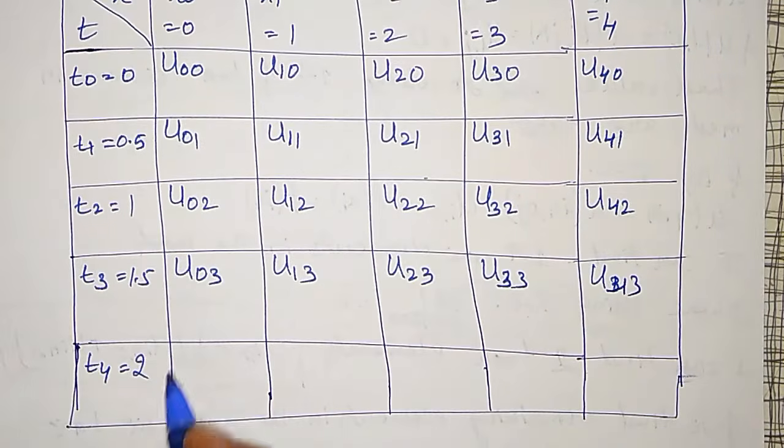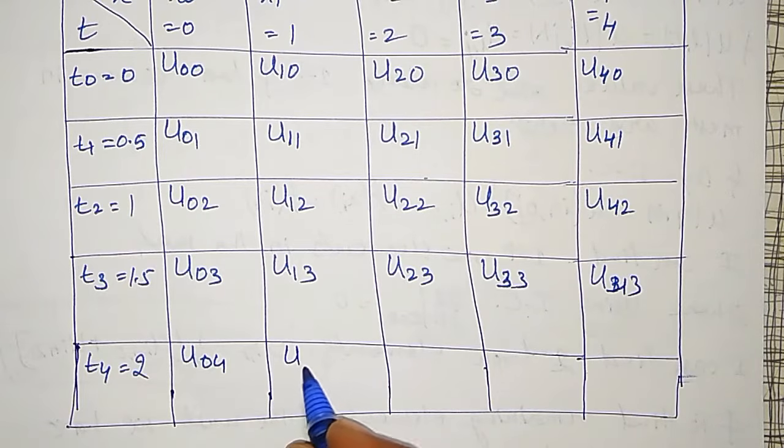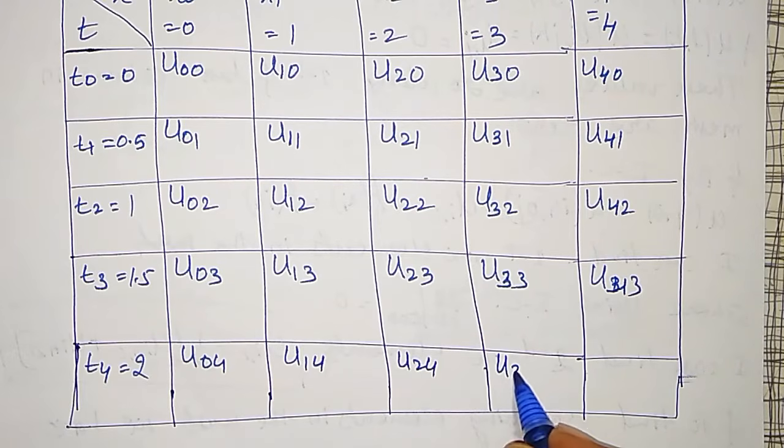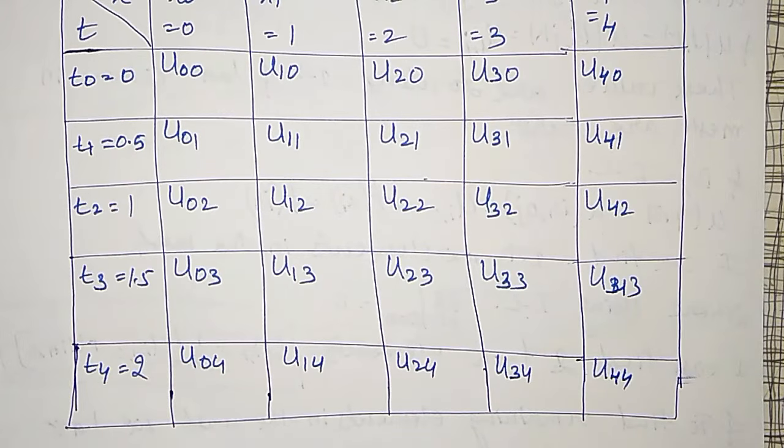Like that, last one u of 0 4, u of 1 4, u of 2 4, u of 3 4, u of 4 4. These values I have to calculate one by one.